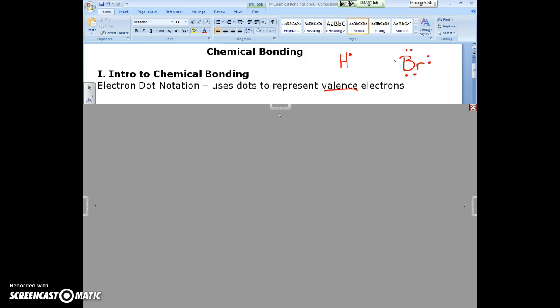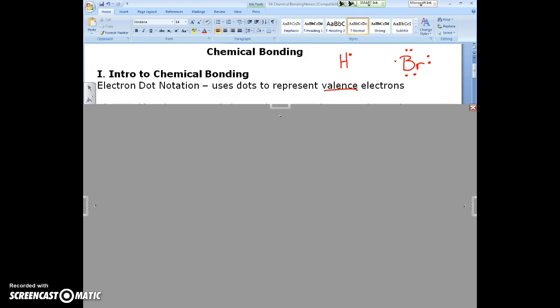So numbers 1, 2, 3, and 4 on the periodic table will often be happy with 2 because they just have that first energy level, and that first energy level can only hold 2 electrons anyway, and when it's full, it makes the atom happy and stable. But otherwise, everybody wants 8. And when they become ions, they're going to do whatever makes it easier to get to 8, whether it's gaining electrons or losing electrons. Whatever's easier is what they're going to do.